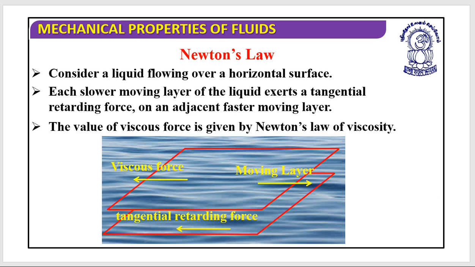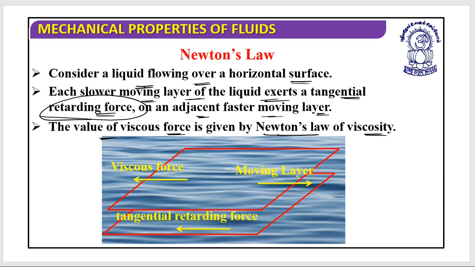Now let's consider a liquid flowing over a horizontal surface, and each slower moving layer of the liquid exerts a tangential retarding force. When I say retarding force, that means it will act in the opposite direction on the adjacent faster moving layers, and the value of the viscous force is given by Newton's law of viscosity.